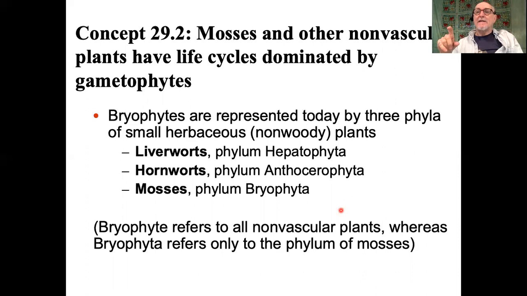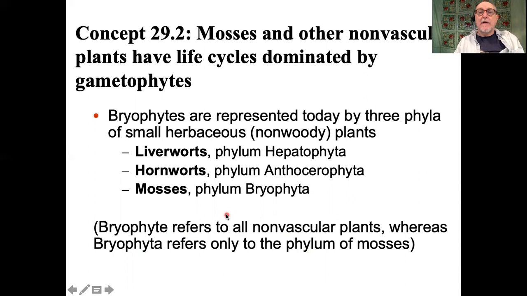And the sporophyte is, I wouldn't say less important, but a shorter-lived and less apparent part of the plant, and it is usually parasitic on the gametophyte. And the gametophyte usually outlives the sporophyte.